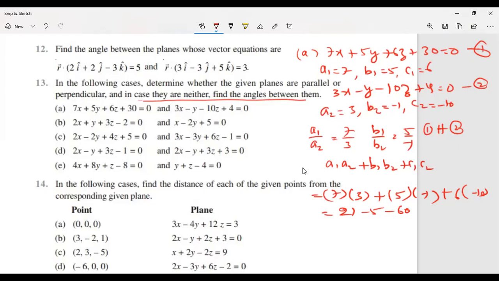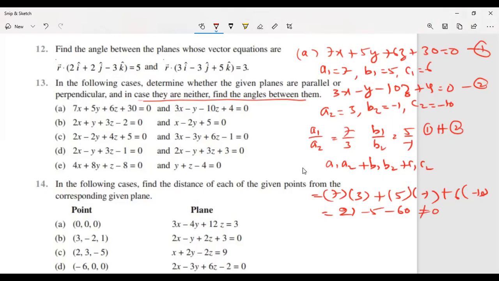It is not coming equal to 0. That means they are not perpendicular. So when they are neither parallel nor perpendicular, then we can find the angle between them.